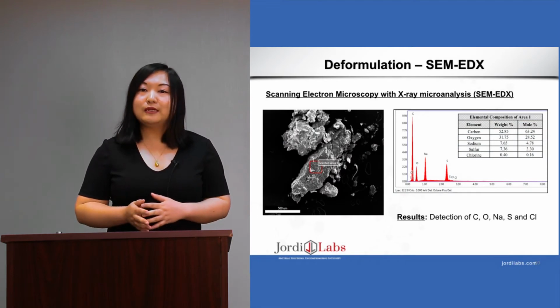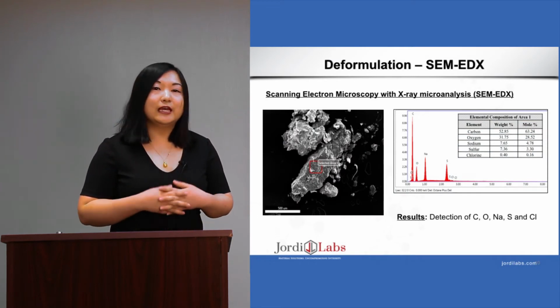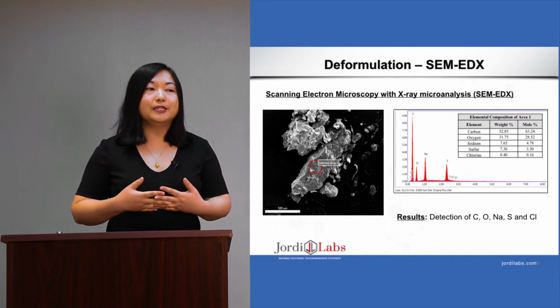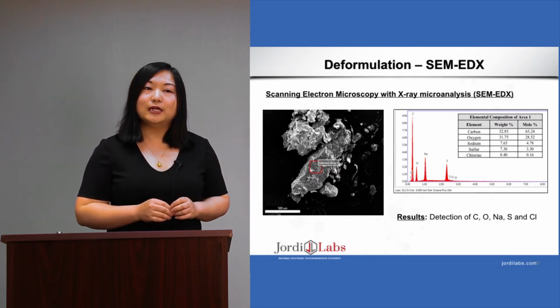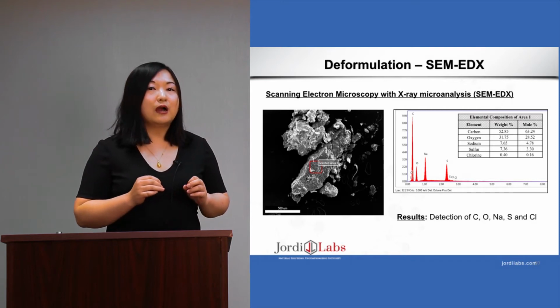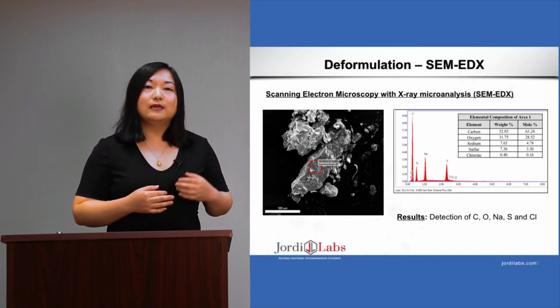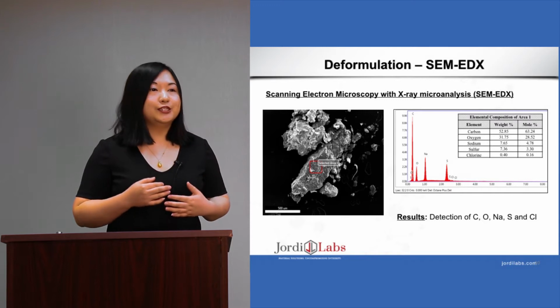Next, we move to SEM-EDX, which can give you the elemental information on this product. In this particular project, we use EDX to confirm our findings from the LC-MS and GC-MS.